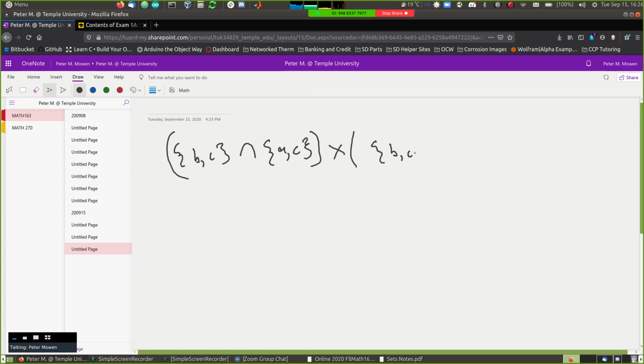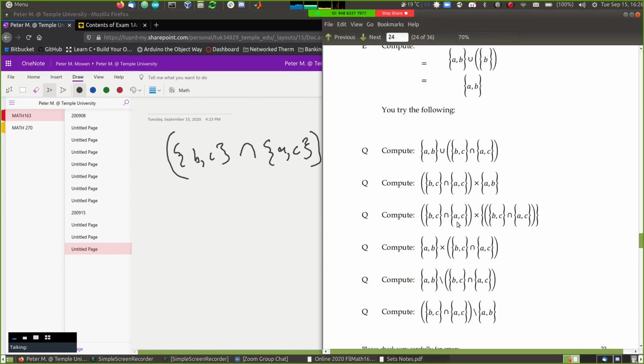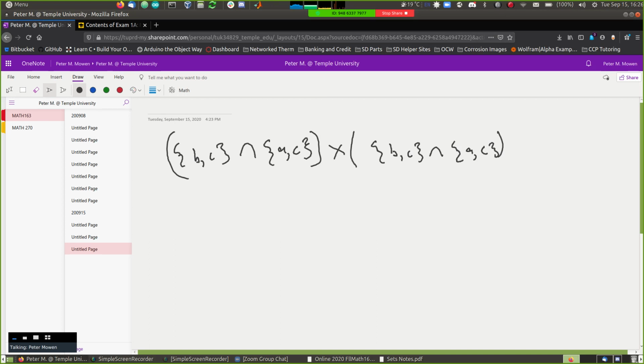B comma C intersect A comma C. Copy that right? I believe so. Okay, yeah.